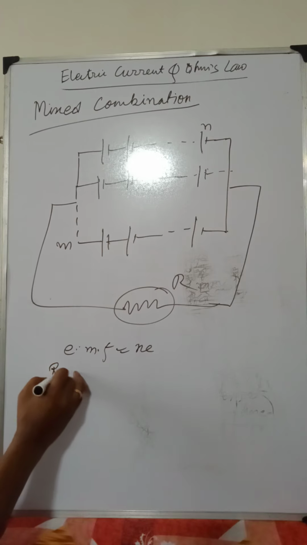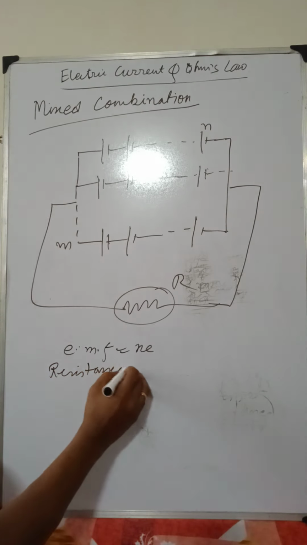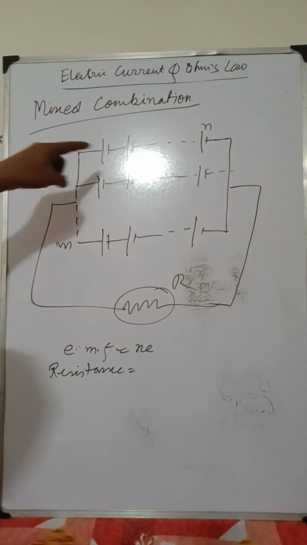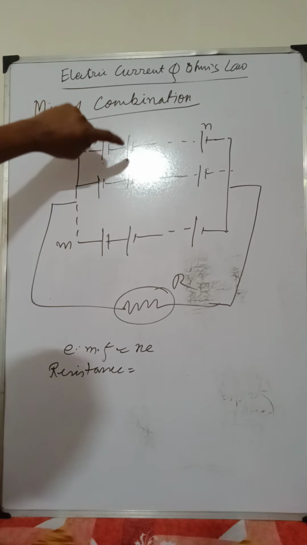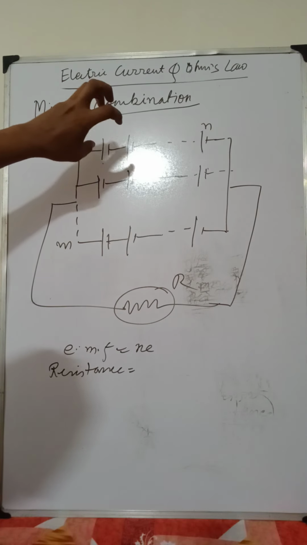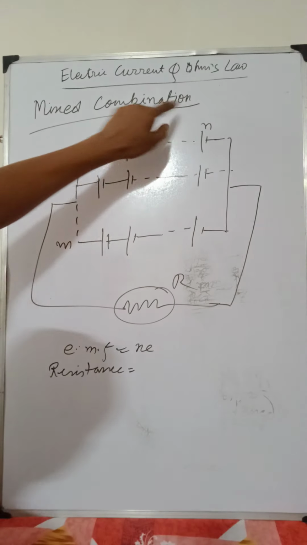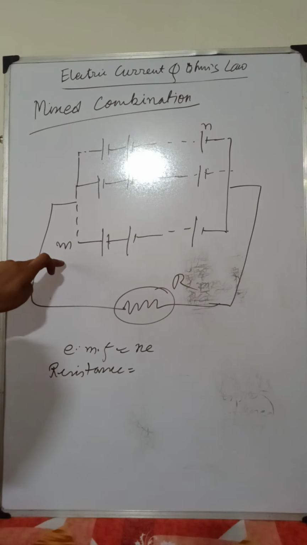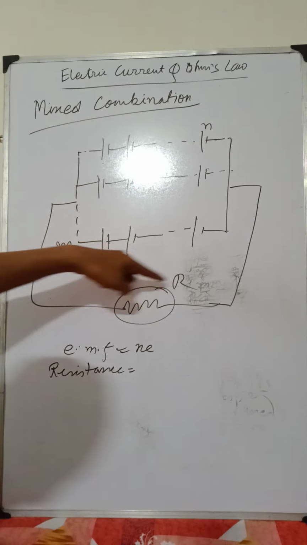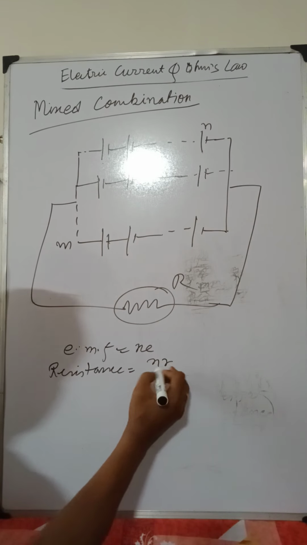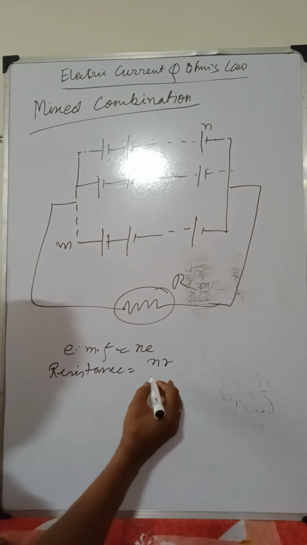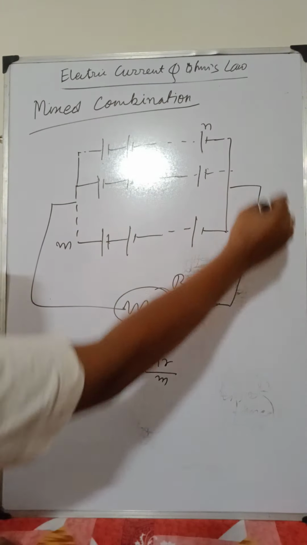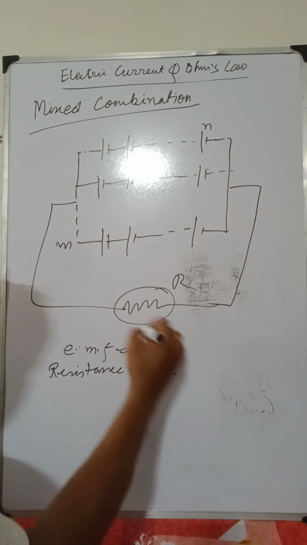And the resistance will be what? First, there are n number of r resistances connected in series, so nr is the equivalent resistance for a single branch. As m number of branches are connected in parallel, the equivalent resistance will be nr by m, which is connected with the external resistance R in series.